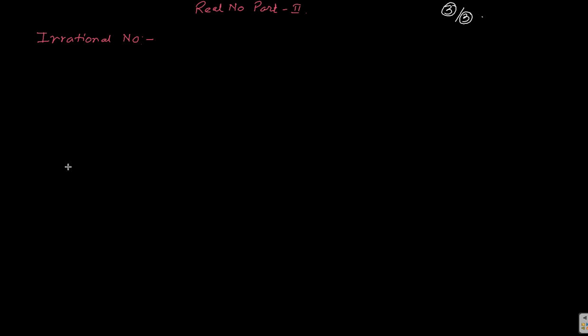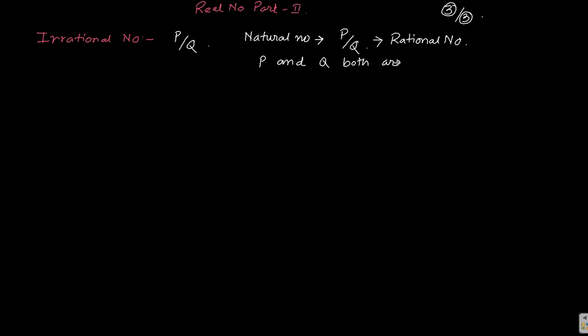Now what is an irrational number? A number is said to be irrational if it cannot be written in the form of p by q. Every natural number can be written in the form of p by q. That's why they are called rational numbers. And one important property of a rational number is that p and q are both co-prime.